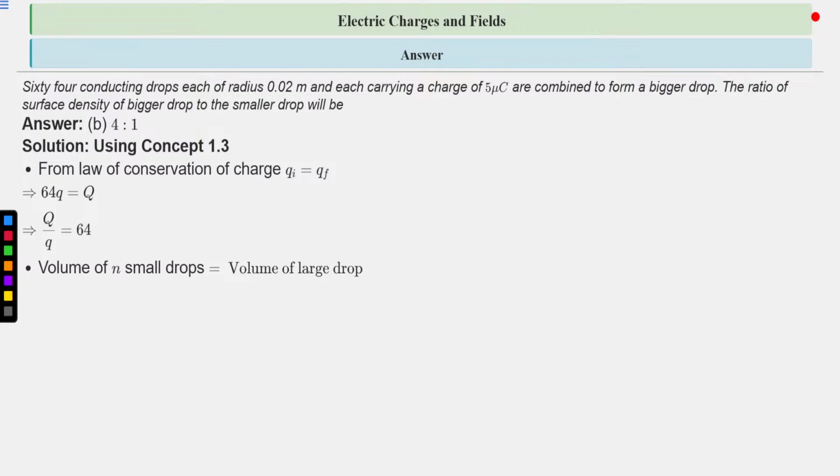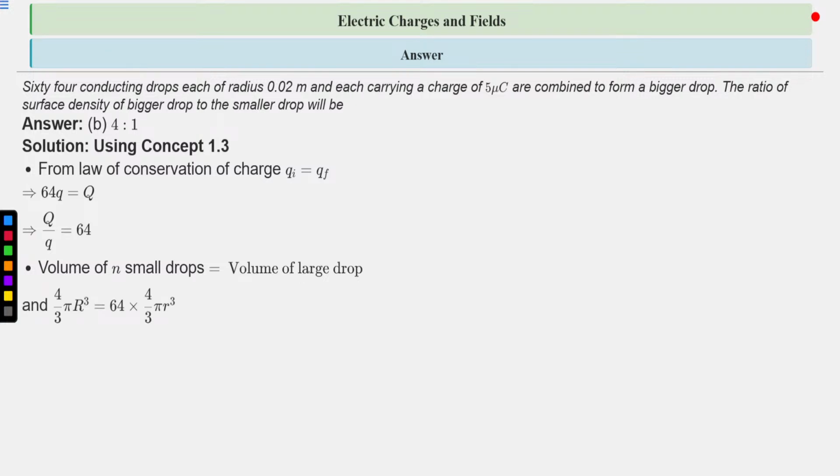That is the ratio of charges of both the drops. Okay, now volume also will remain conserved, means the volume of the 64 small drops before the combination is equal to the volume of the large drop, because they are combining to form the bigger drop. So volume of n small drops, n here is 64, equal to volume of large drop.